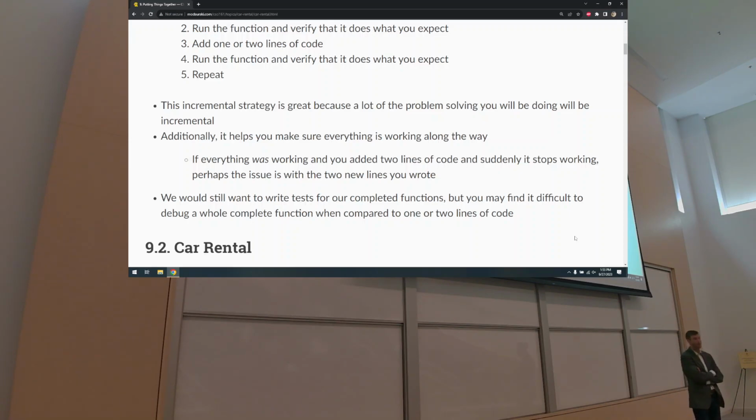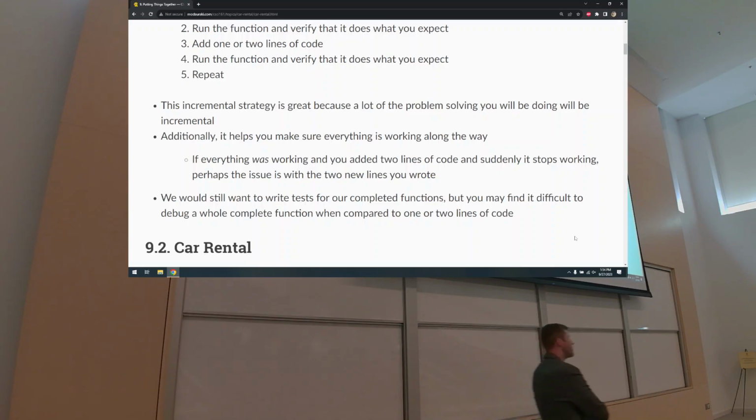If I know what the function is supposed to do, then I should know that given this argument, I should get this output, and given that argument, I should get that output. I can write all those tests. What's interesting about this strategy is that it makes you very thoughtful about the function you're about to write. It makes you consider different cases that you might miss if you just blindly start writing code. So you might find that strategy helpful.